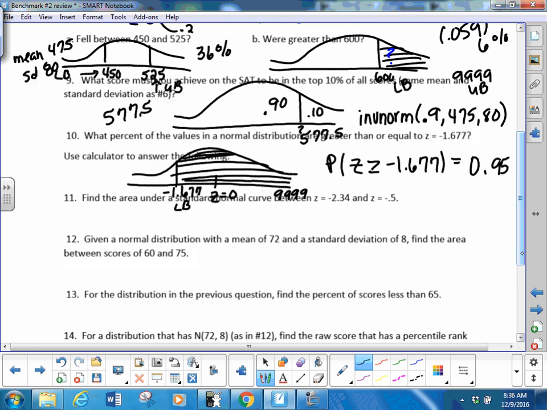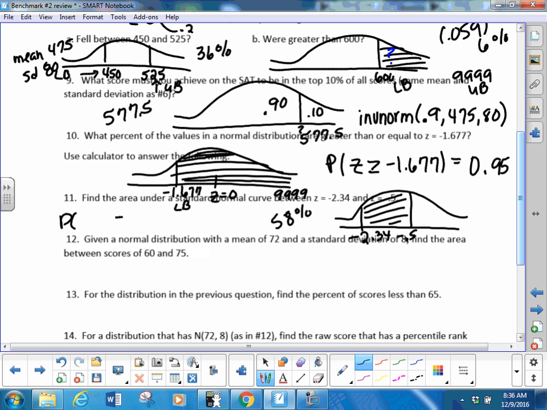Find the area under the curve between negative 2.34 and negative 0.5. That actually needs to be looked up a little bit. And I got 58%. So the probability that z is greater than negative 2.34 and less than 0.5, and we do normal CDF, and I got it.